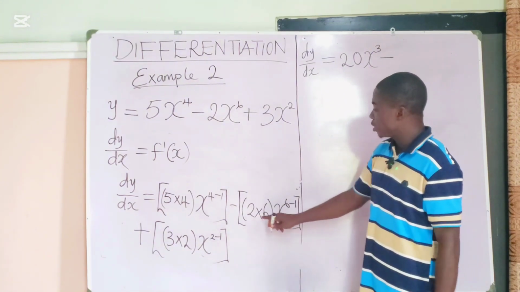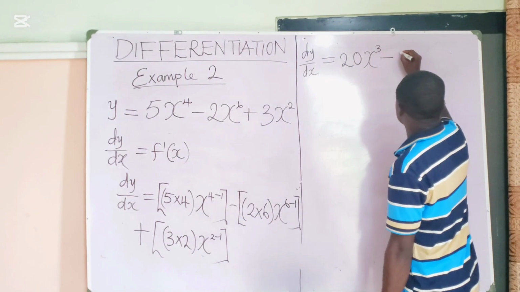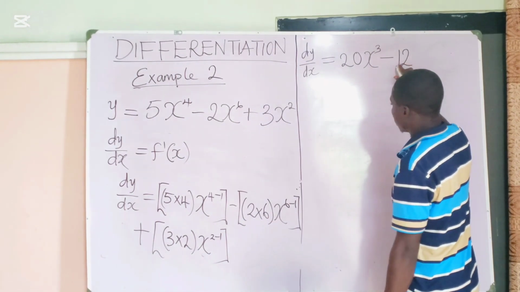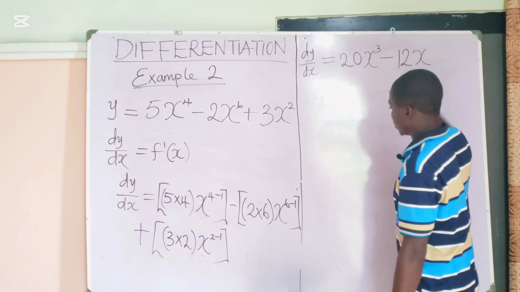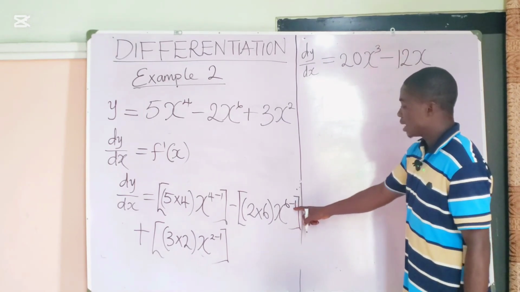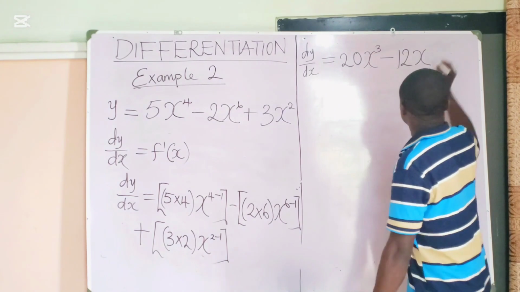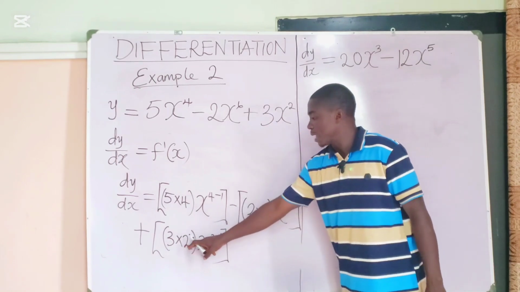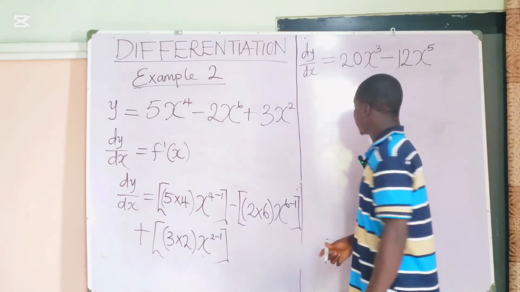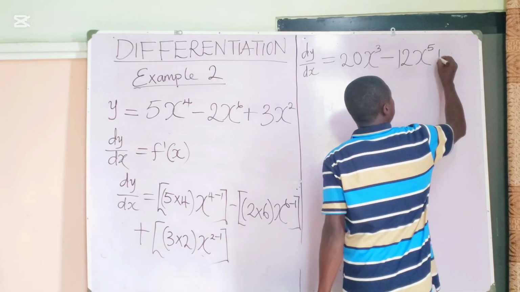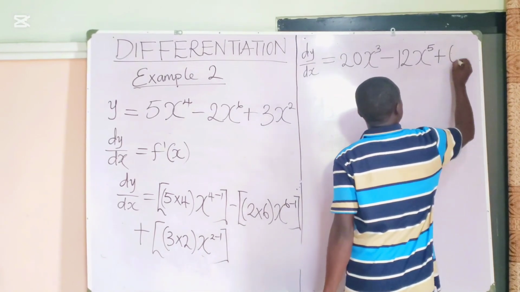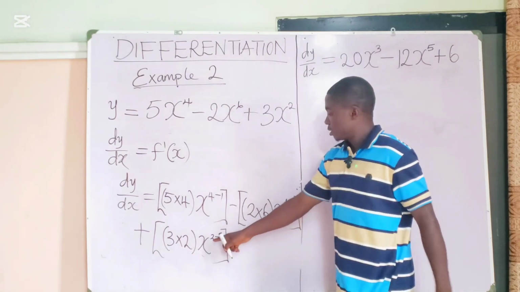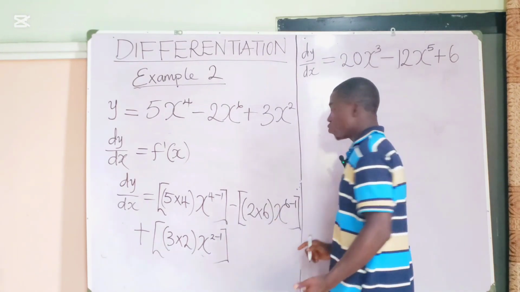Minus 2 multiplied by 6 is 12. So we have 12 here. You attach x. 6 minus 1 is 5. So we have 5 here. 3 multiplied by 2 is 6. So we write positive 6. 2 minus 1 is 1.